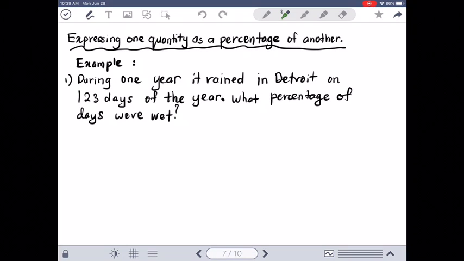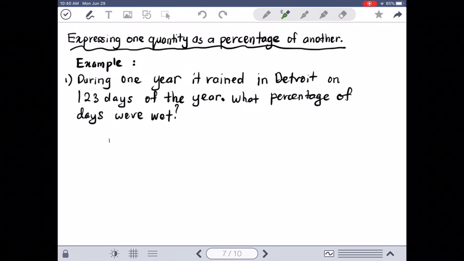It's very simple. Just look at the example given. During 1 year, it rained in Detroit on 123 days of the year. What percentage of days were wet?